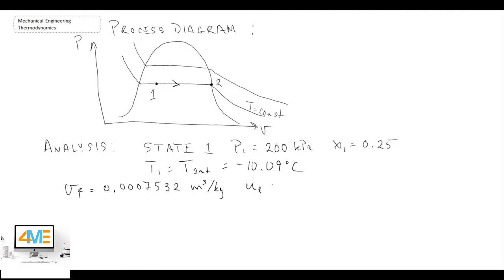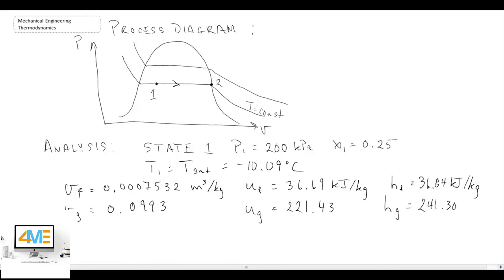That way we can refer to them later on in the analysis in the event that we need them, and we don't have to go back into the table again. The units for the specific volume, internal energy, and enthalpy at the saturated vapor will be the same as they were for the saturated liquid, so I won't write them out. Okay, so that's some of the property data.